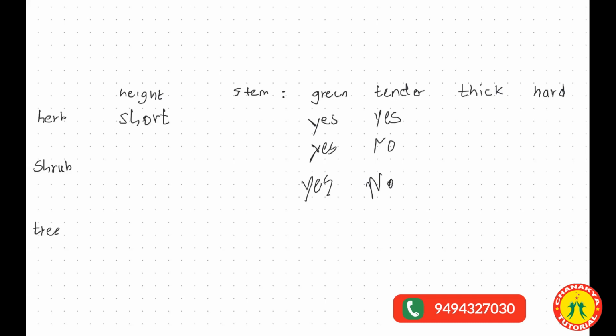Are you all done? Yes, ma'am. Okay, so this is your homework. You have to find where it is placed: stem is placed at the base, stem is placed higher up.